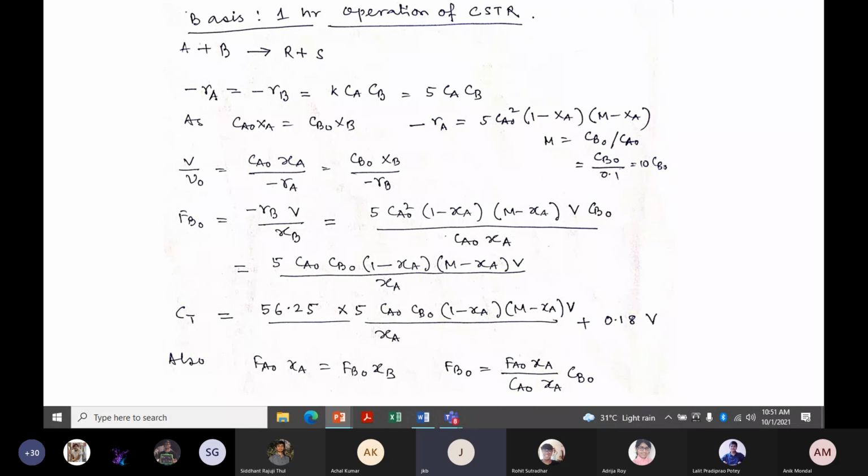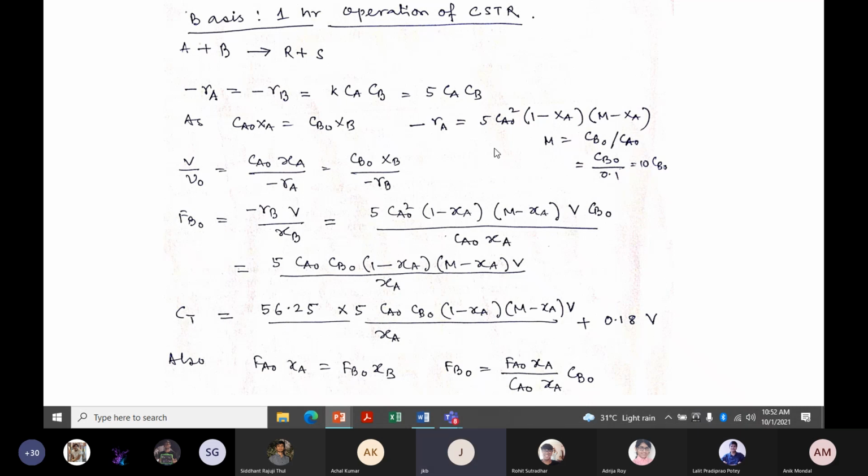Basis 1 hour operation of CSTR. Minus RA or minus RB is written 5 CACB. Substitute in the rate kinetics: 5 Ca0 square (1 minus Xa)(M minus Xa). M is the molar ratio of Cb0 by Ca0, and it is given 10 times of Cb0, because Ca0 is known.